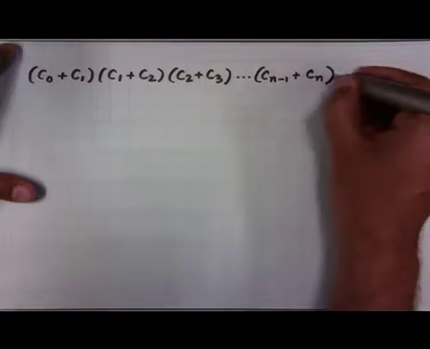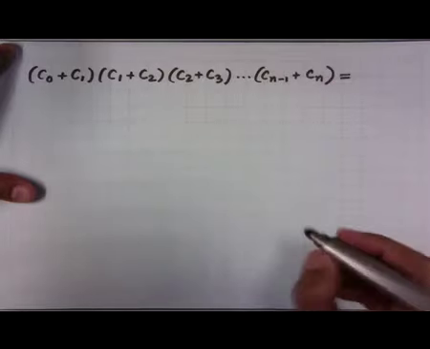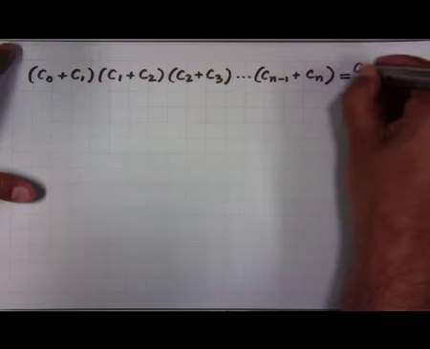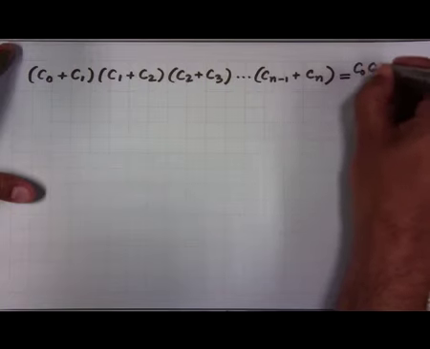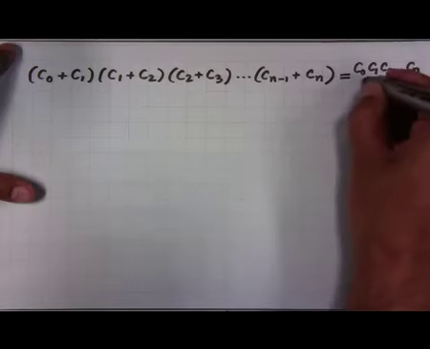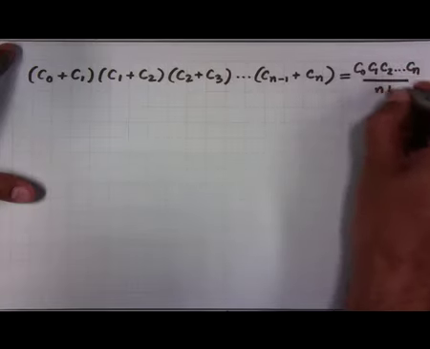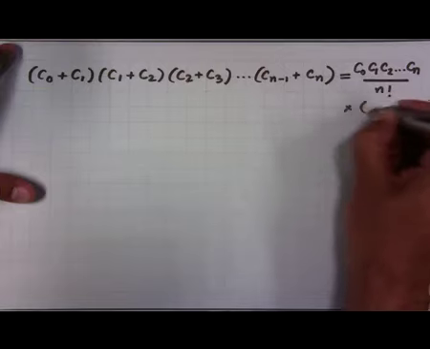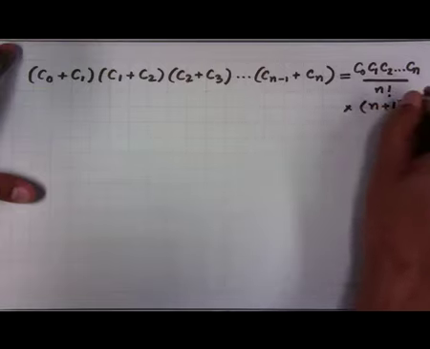And you have to show that this is equal to C 0 times C 1 times C 2 all the way till C n divided by n factorial times n plus 1 whole power n.